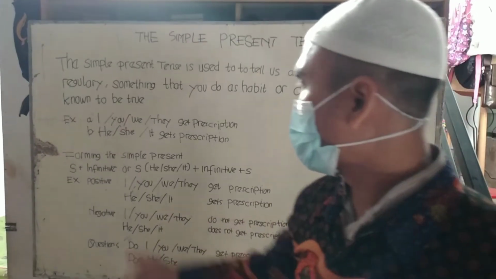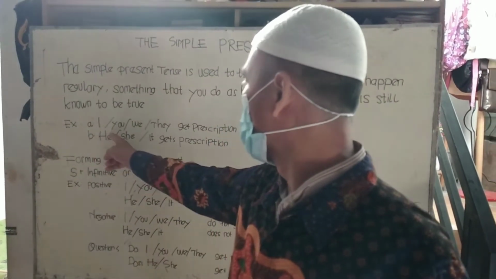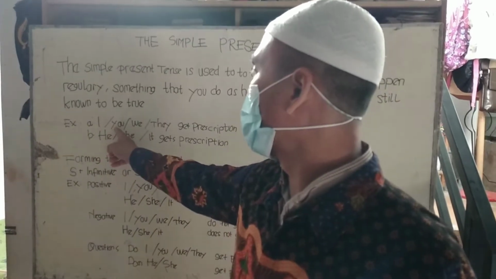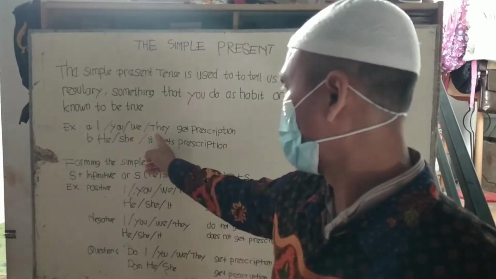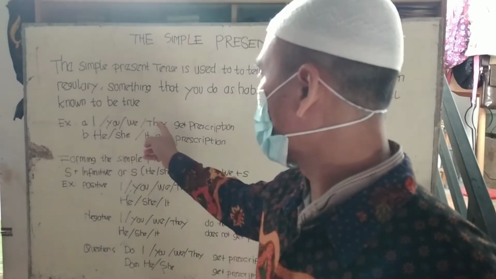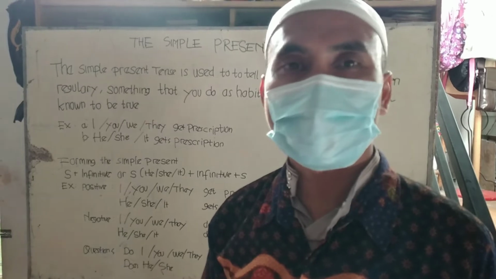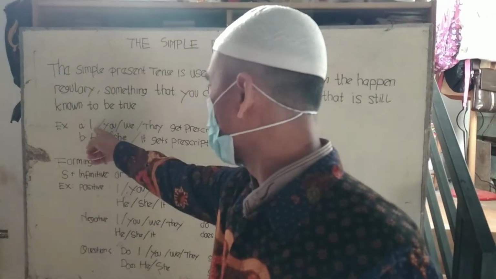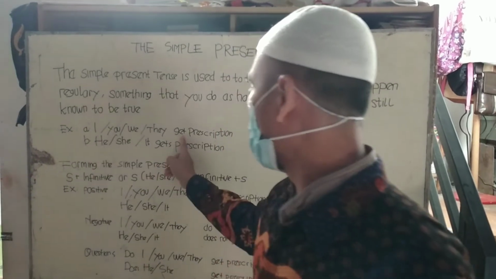An example, grammar A. You can use the subject I, you, we, they as an example of the simple present tense or as a sentence. For example, you use "I get."